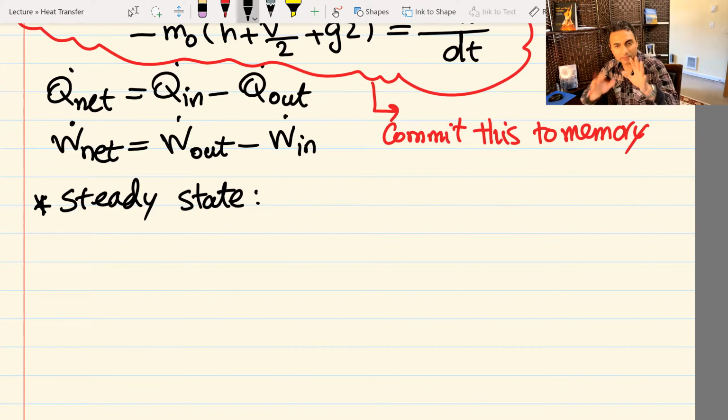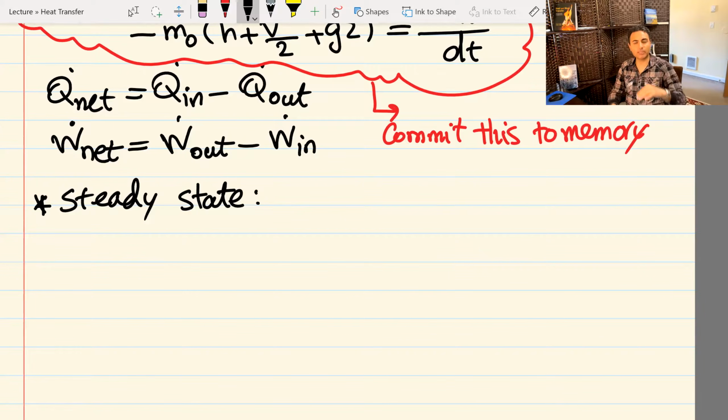When you look at just the control volume, if you take a picture of the control volume right now, and you look at all the properties, like temperature, energy, velocity, internal energy, density, whatever, and then you take a picture 2 minutes later, you see the exact same picture in terms of all the properties.